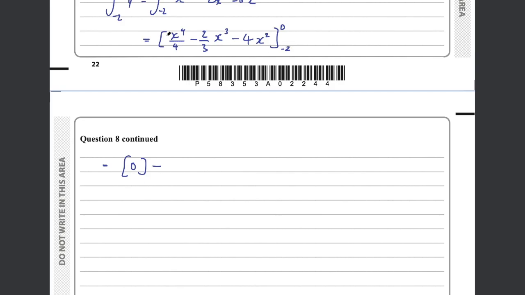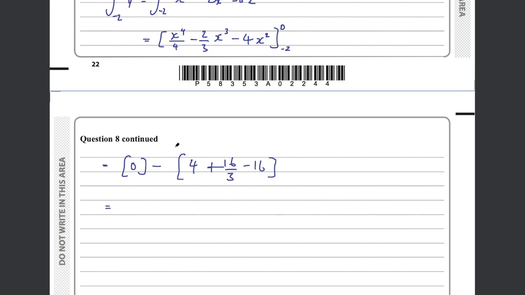Subtract, plugging -2 in, -2 to the power 4 is 16 divided by 4 would be 4. Take 2 on 3 times -2 cubed, that would be -8, so it becomes positive 16 on 3. And -2 squared is 4 times 4 is 16, so that'd be -16.